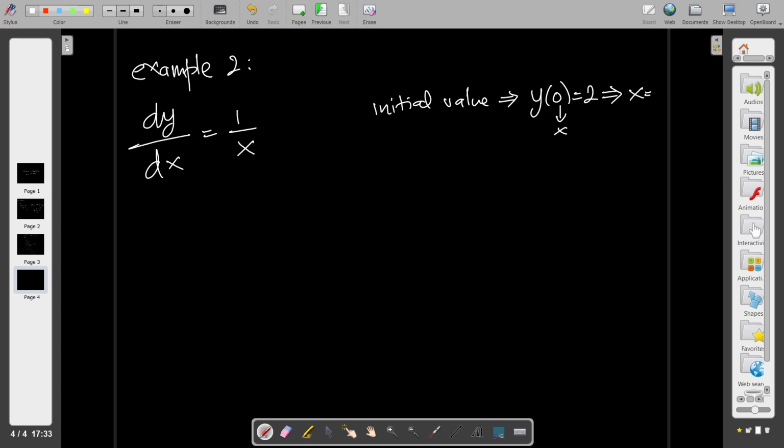So when the value of x equals 0, then the value of y is 2, and we are going to find the value of this.